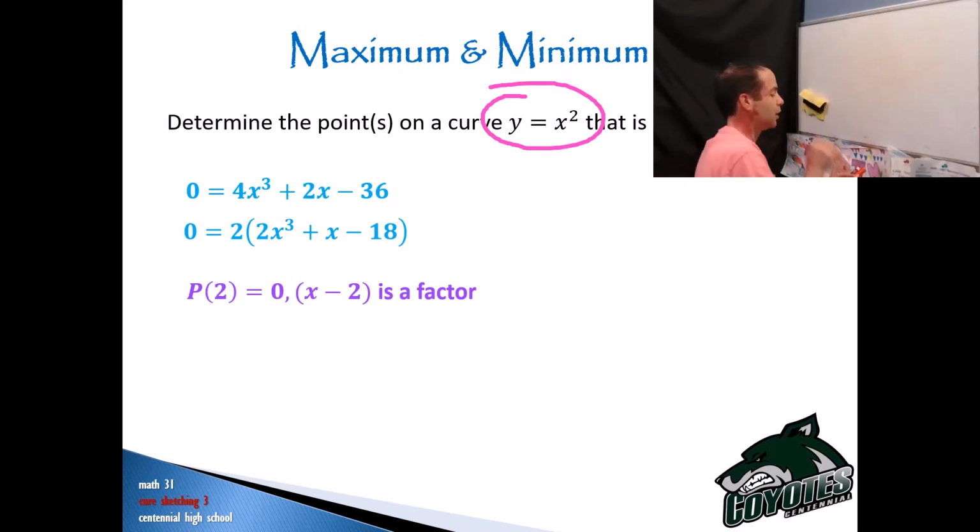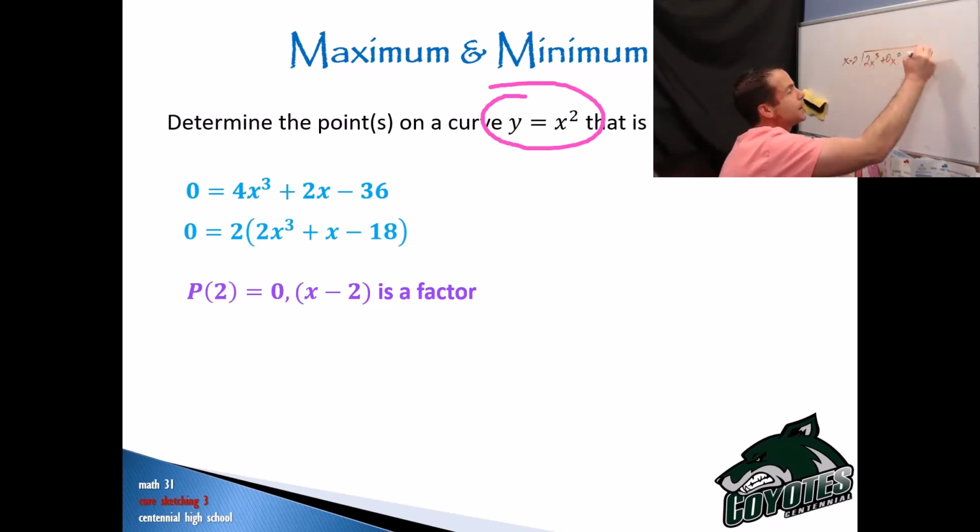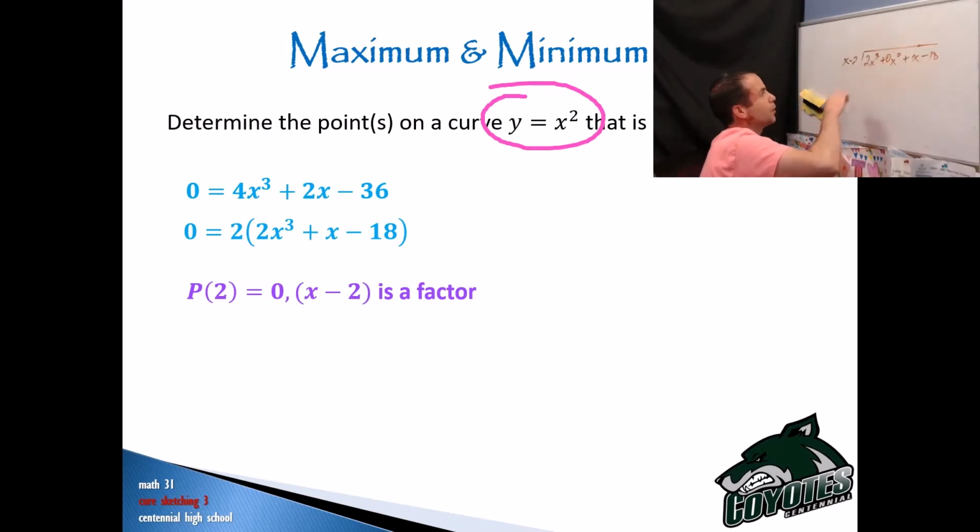So let's do long division because synthetic division is fake. X minus 2 will go into 2x cubed plus 0x squared. Remember, you always have to have a place value holder for each guy, plus x minus 18. Okay, so what do I have to put up here so that I get my x cubed?